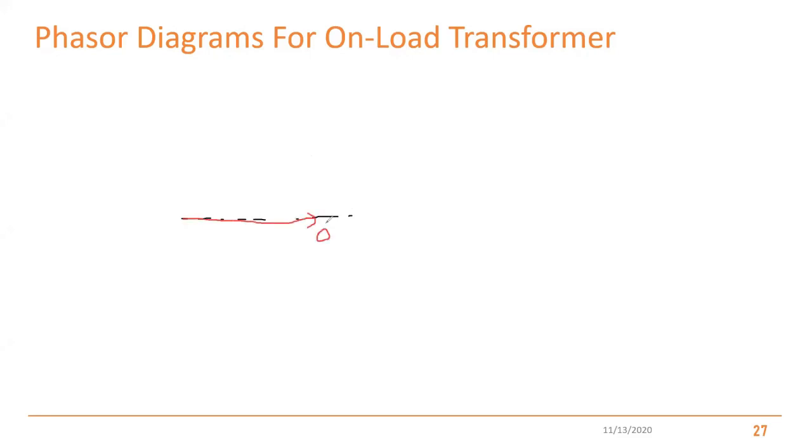So this is the flux phasor, that is the reference. First consider the inductive load. That means the current phasor should lag the voltage phasor. Here you can further assume that the secondary internal resistance is 0. Therefore V2 should be equal to the induced EMF E2.